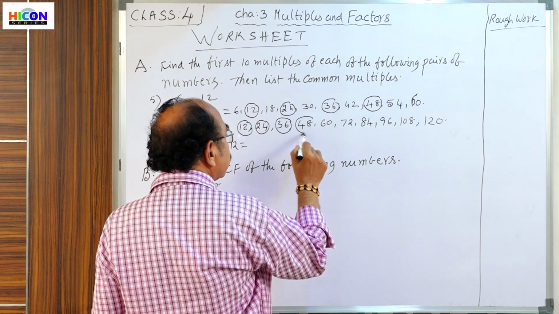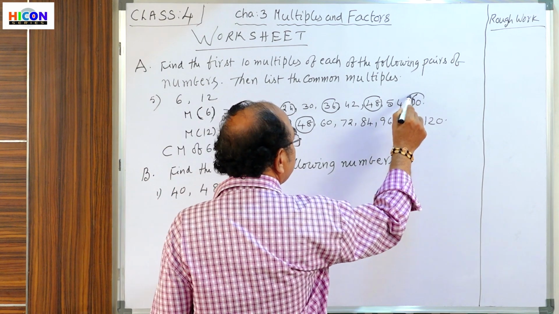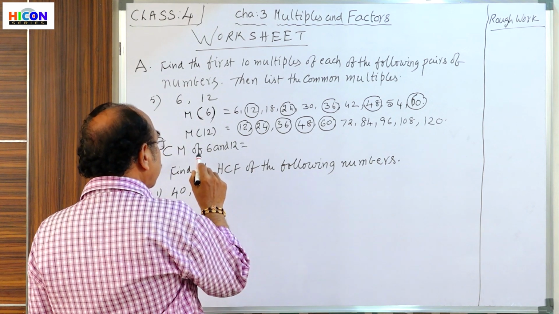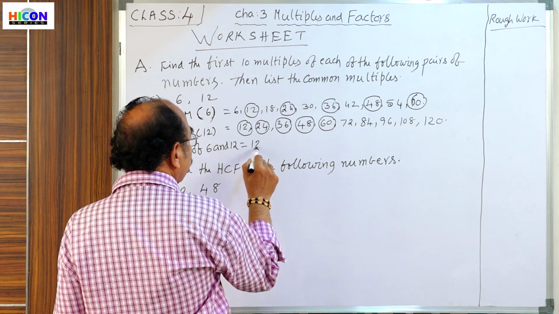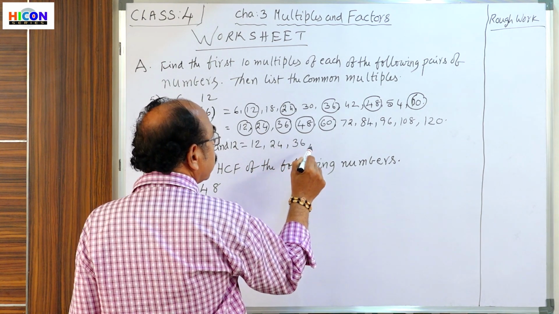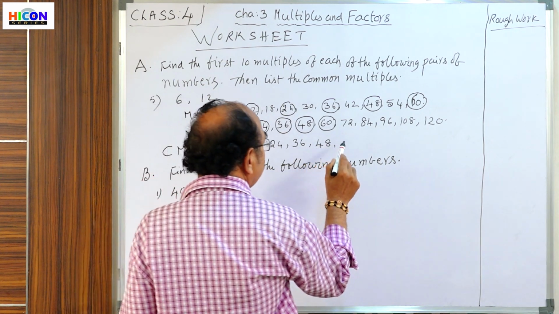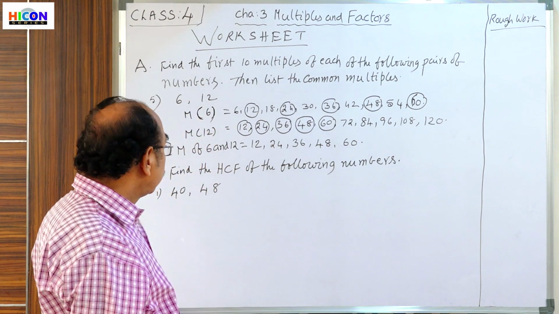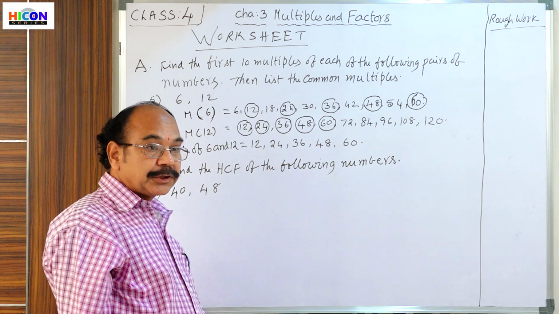In the second group also 48 is there. Next one, 60 is there here, here also 60 is there. So, what are the common multiples here? Now, we write 12, 24 and 36. Next 48. Next one, 60. These are the common multiples.